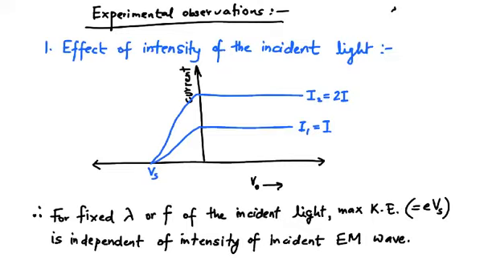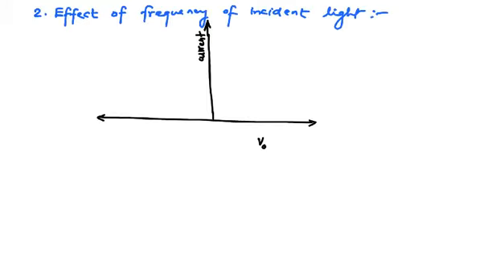Now let's look at the effect of frequency of incident light. If we plot the variation of current with retarding potential, for incident light of a certain frequency f, this is how the graph looks. And for incident light of higher frequency, we will see that the stopping potential is much higher.